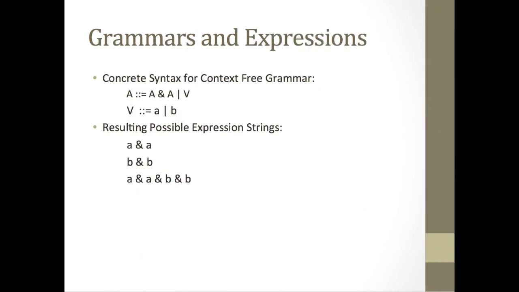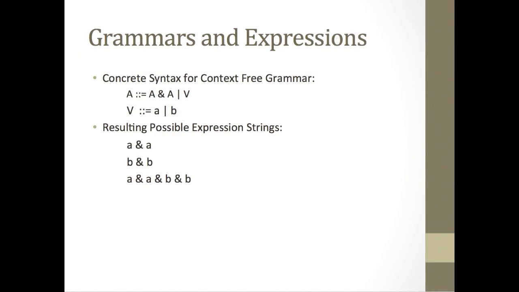Alright, on this slide you see the context-free grammar that we are going to be using for the next few slides for a couple of our examples. There's 2 production rules with this context-free grammar, and the alphabet only consists of 3 symbols. An A, a lowercase b, and the and symbol.